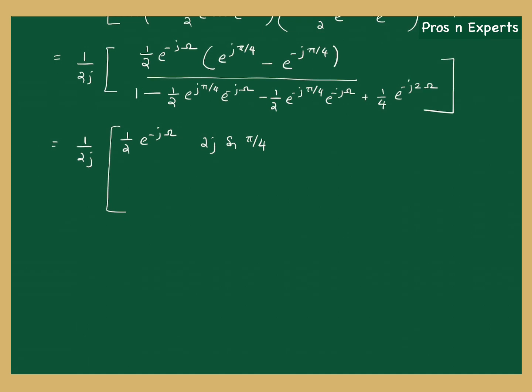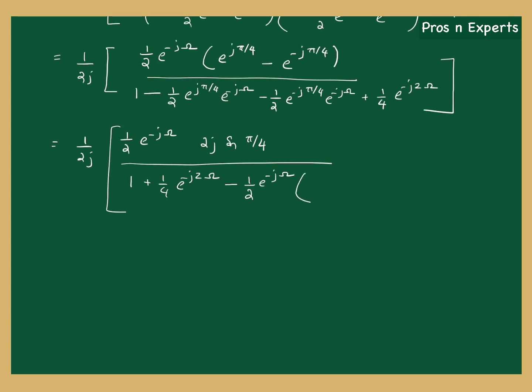Okay, so this is 2j sine pi by 4 whole divide by 1 plus 1 by 4 e raised to minus j2 omega. Now the remaining terms are this term and this term, and from both of these terms I can take out minus half e raised to minus j omega.